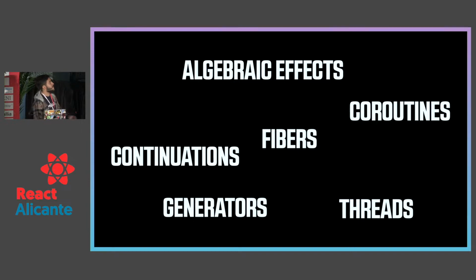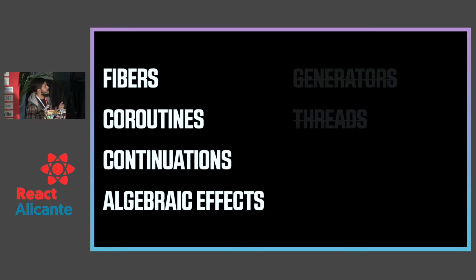So I saw algebraic effects, continuations, coroutines, etc. But at the same time, I didn't have a lot of idea about them. I had heard of them before in React, especially fibers. So that was when I had the idea for this, to put them all together in a way that makes sense into the world of React, and that we can see how they all piece together.